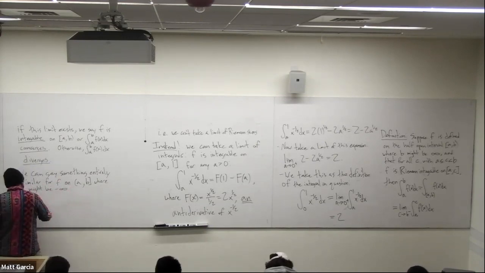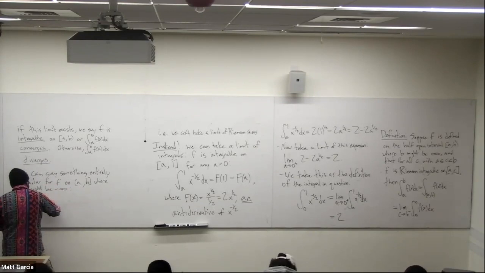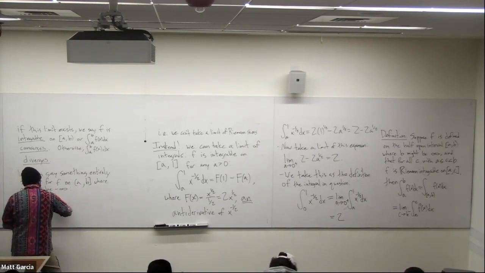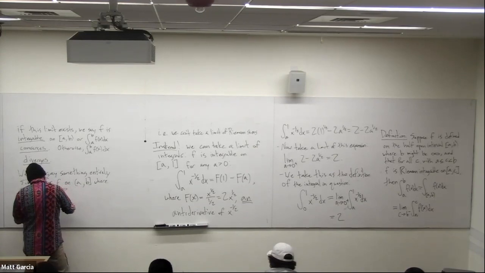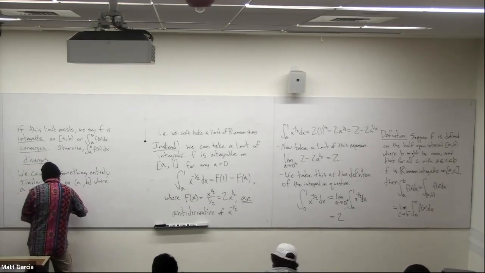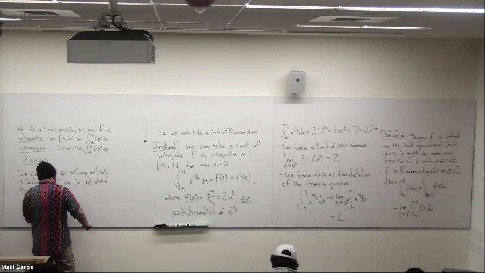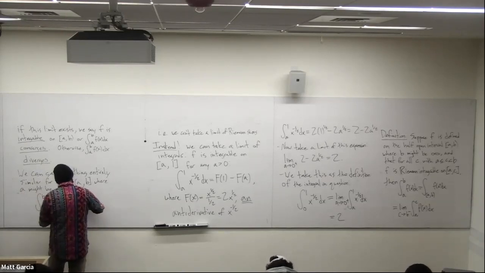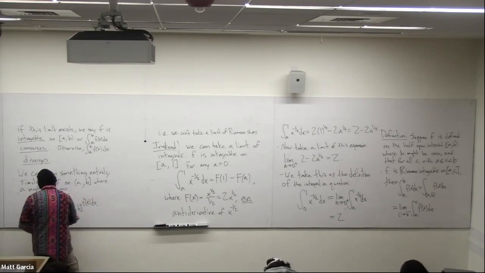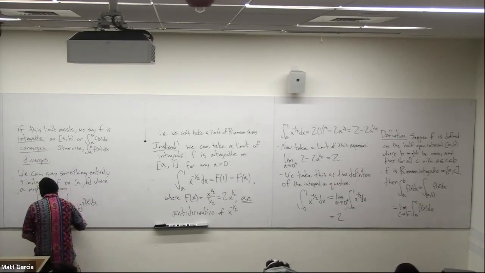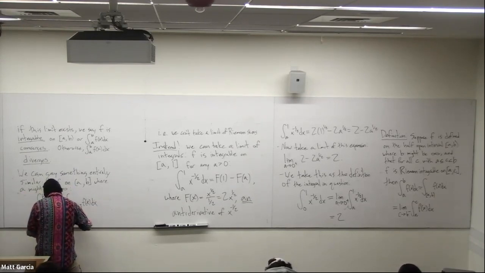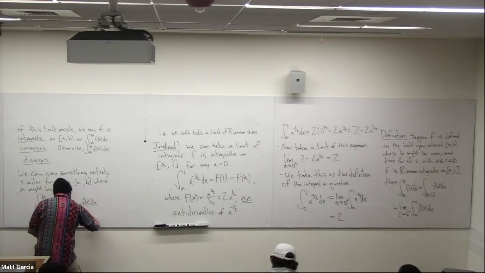That is to say, the integral from a to b of f of x dx, again using this somewhat unfamiliar notation of putting the entire interval as the subscript, is equal to the limit as c approaches a from the right of the integral from c to b of f of x dx.